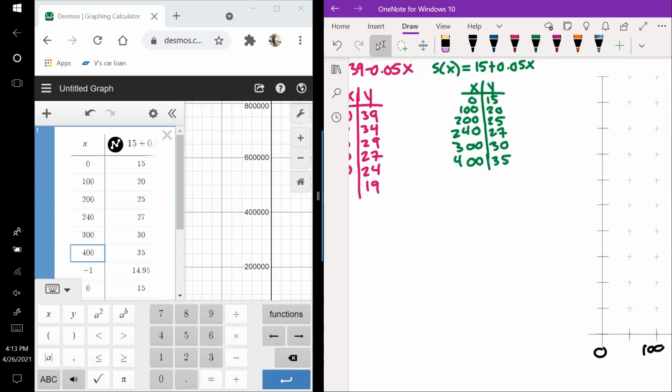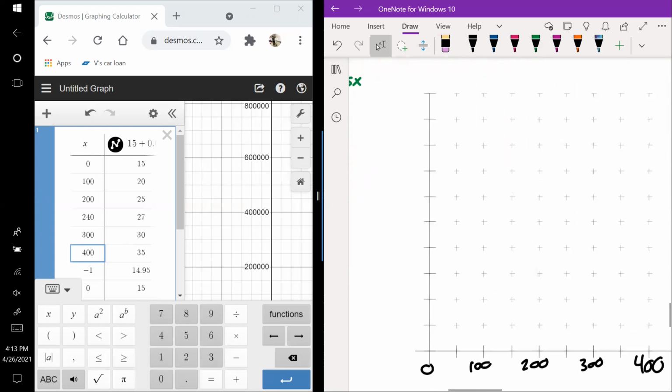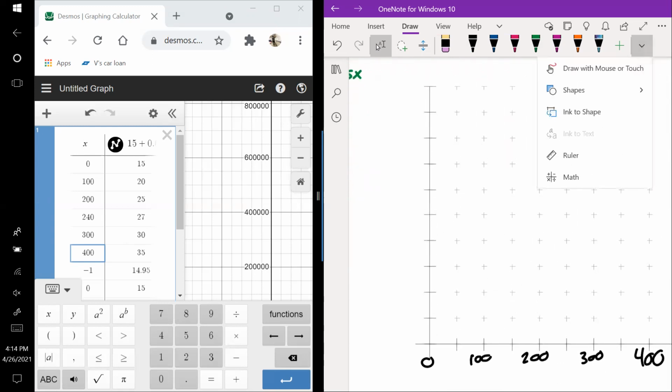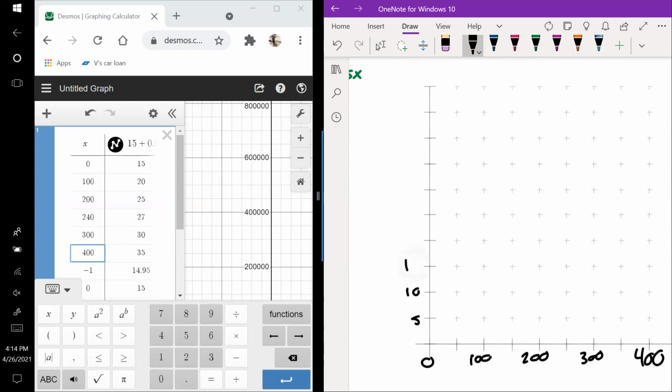Again, this is just a sketch, so I'll go by 5s: 5, 10, 15, 20, 25, 30, 35.